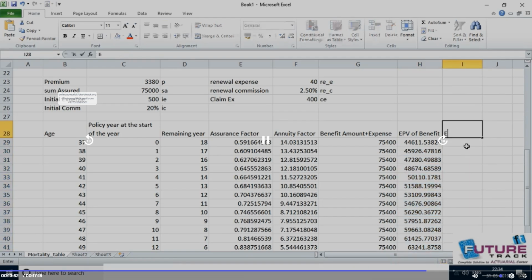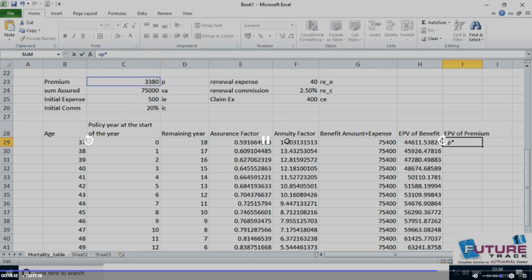Next, what we need is EPV of premium. So what is EPV of premium? P into the annuity factor. Oops, I multiplied by assurance factor, sorry.